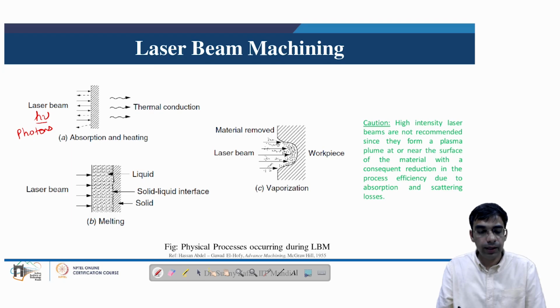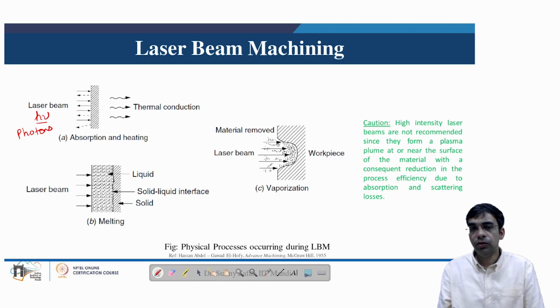When these photons come in contact with the surface of the workpiece, some of the photons may be reflected and some may be absorbed by the lattice of the workpiece. Once they get absorbed in the lattice, because of their high energy they transfer the energy to the surrounding atoms in the lattice, and because of this the atoms start vibrating about their mean position, and the temperature in the workpiece starts to increase.